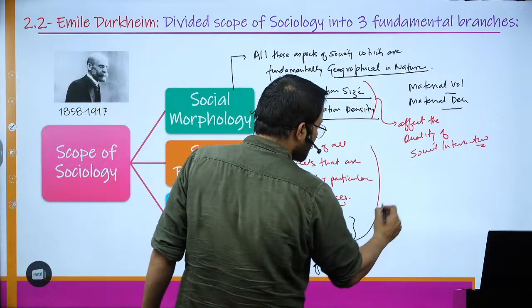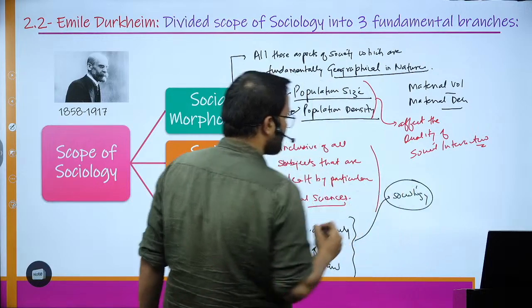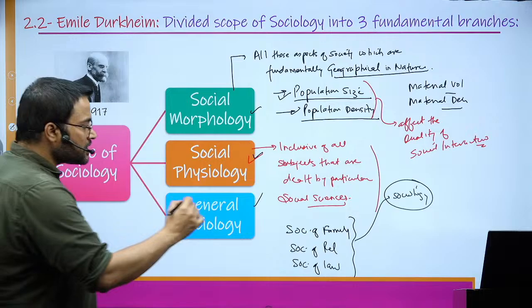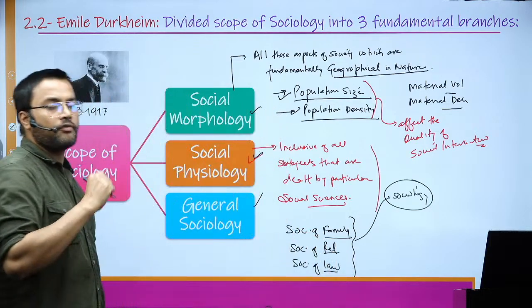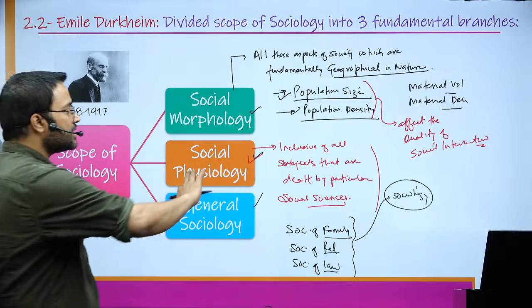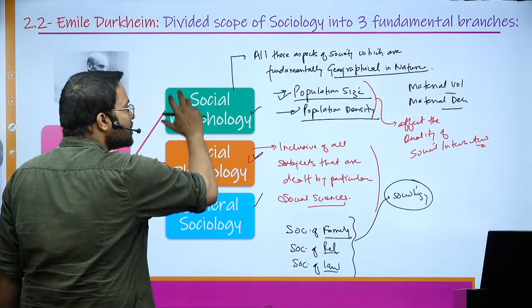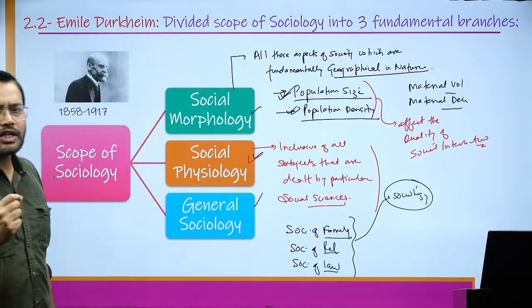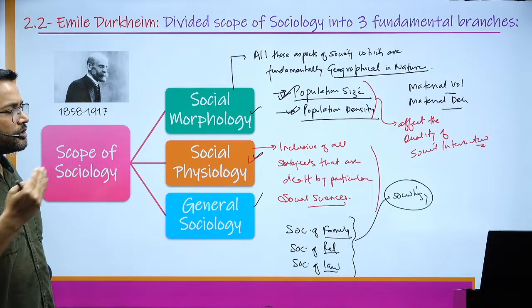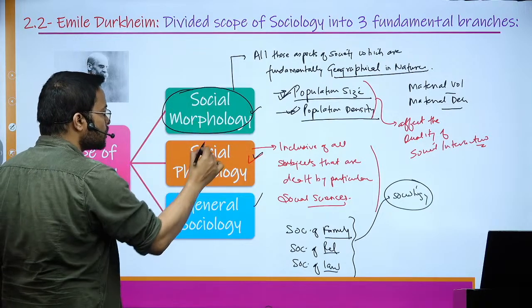They all come under the domain of sociology. So different kinds of institutions that are formed or are part of society come under the purview of sociology. Anything that keeps on changing, like population size and population density, is a very important component that is going to affect the quality of human to human interaction. This also comes under the domain of sociology, social physiology.